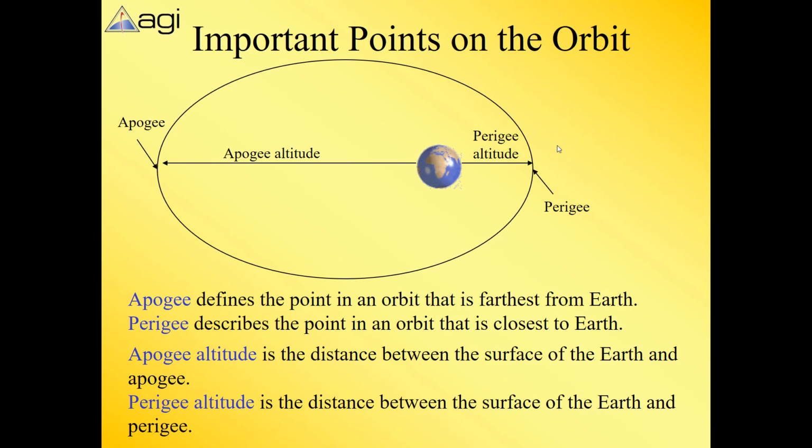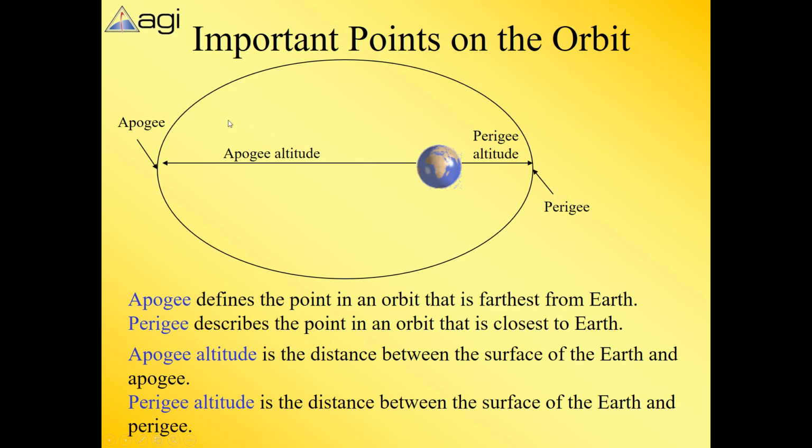The two points terminology that we care about is apoapsis, which is the farthest point from the central body. Periapsis is the closest point to the central body. When the central body happens to be the Earth, then we change the ending to G for Earth.